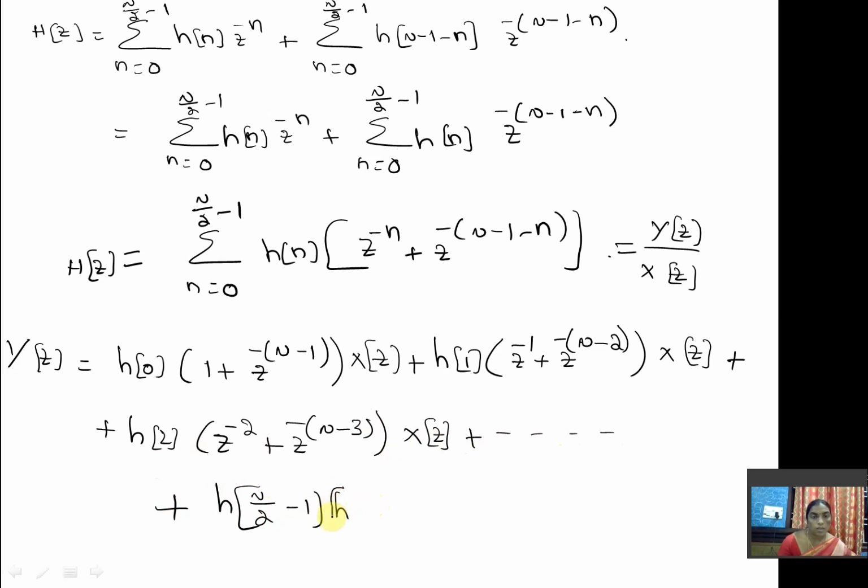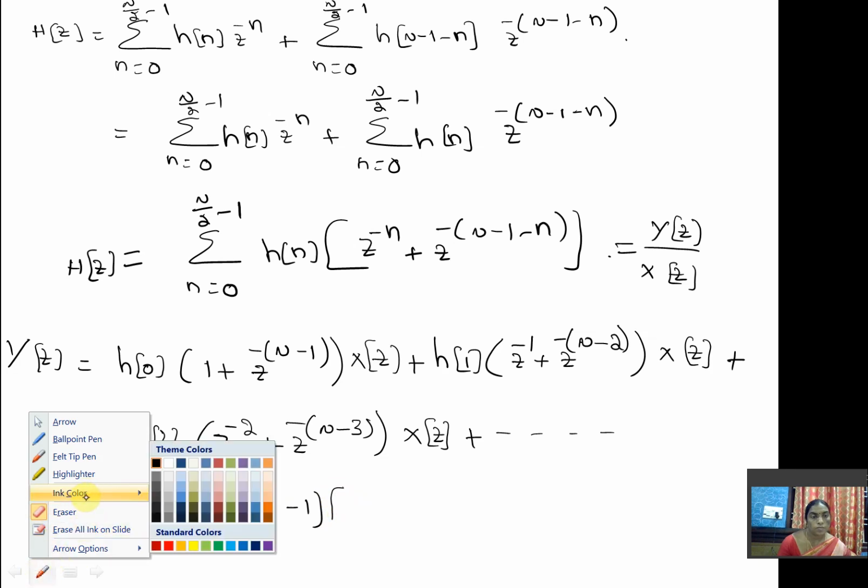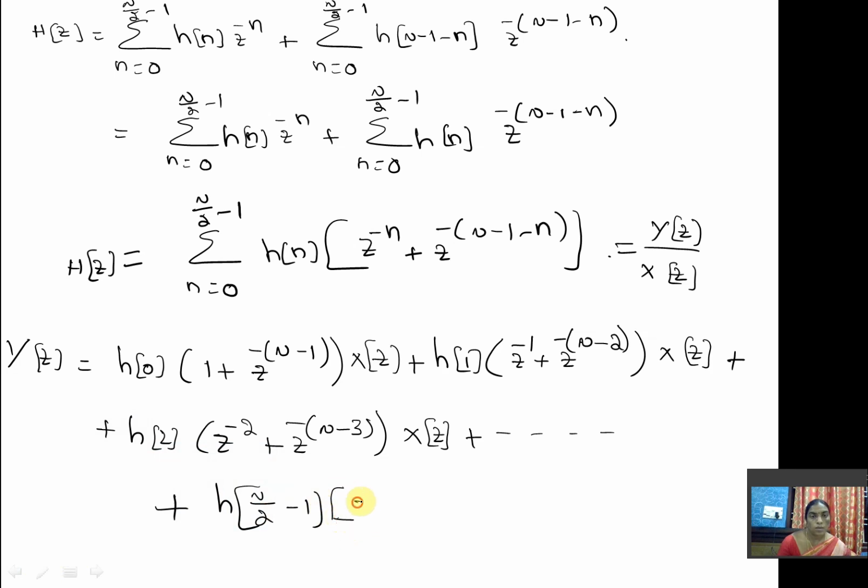then z power minus of n by 2 minus 1 plus z power minus of n minus 1 minus n by 2 minus 1 means n minus n by 2 means n by 2 minus 1, then there is minus of minus 1 plus 1. That's why here this is minus 1.